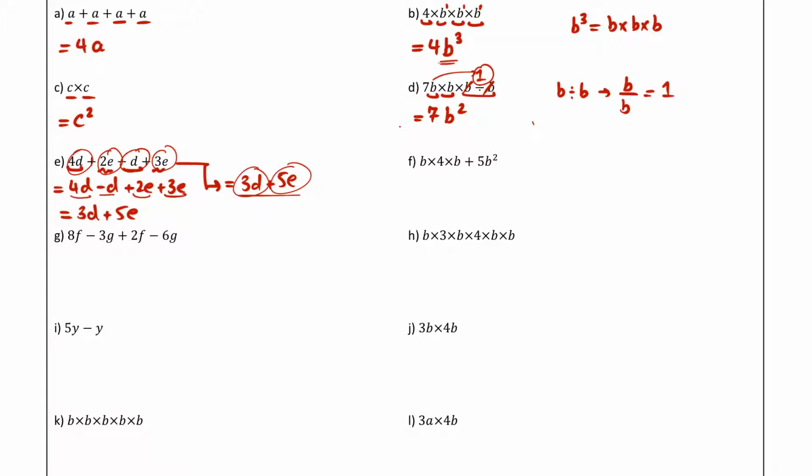Now here in this question I have 2 terms which are separated by a plus sign. So just using BEDMAS, the first thing I have to do is take care of brackets and then exponents.